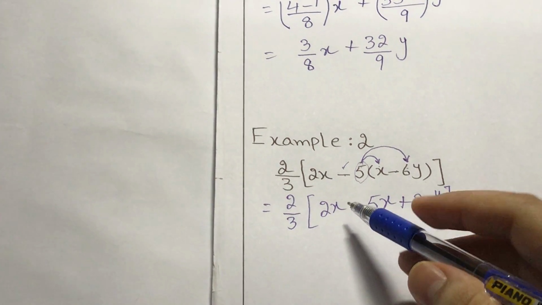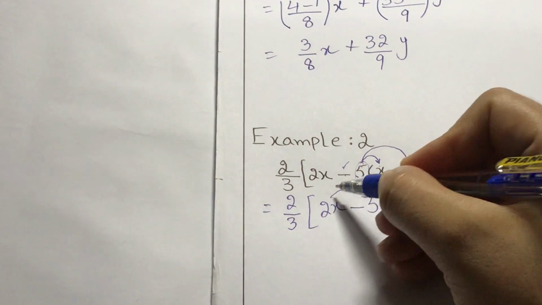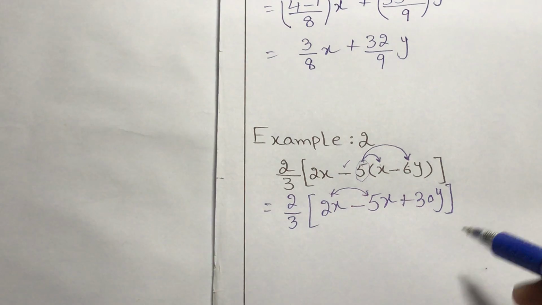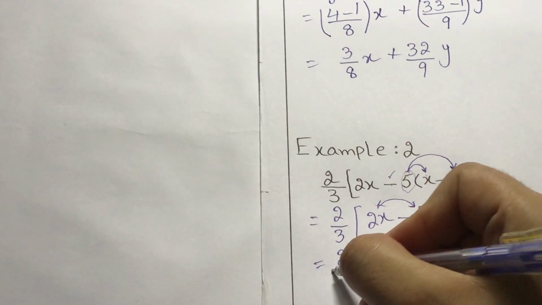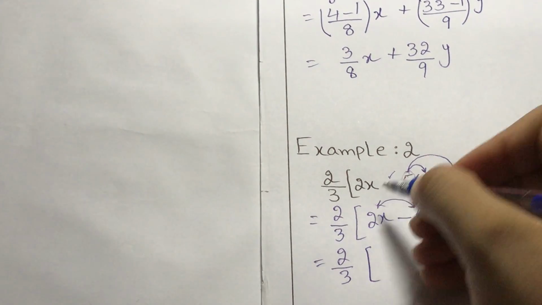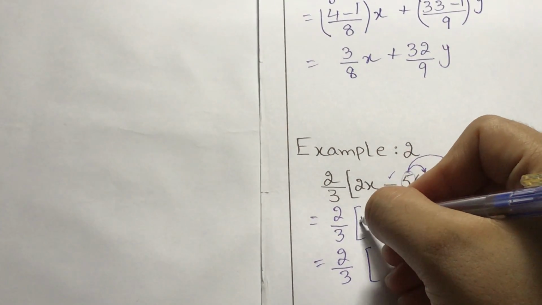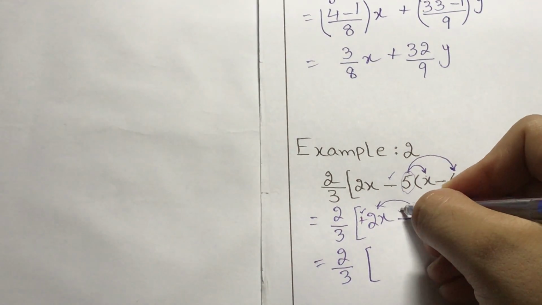First we have to combine the like terms. Do we have like terms here? Yes. 2x and 5x both are like terms. So first we will solve this. 2 over 3 as it is. Now you can see there is no sign with 2x, that means it's positive, and you have two different signs, one positive and one negative.